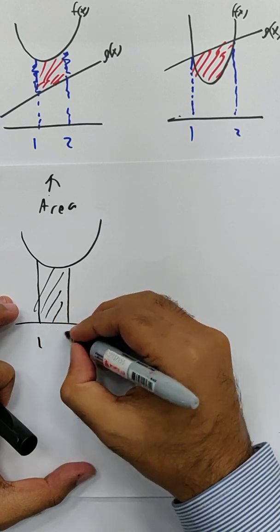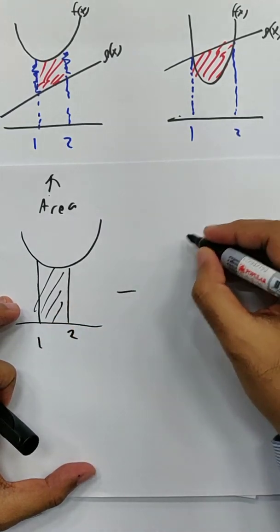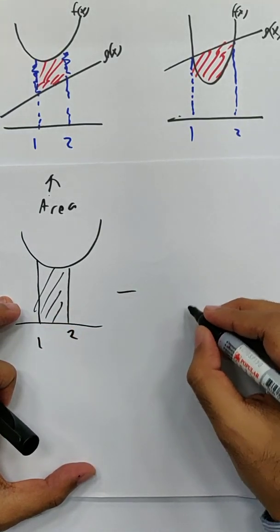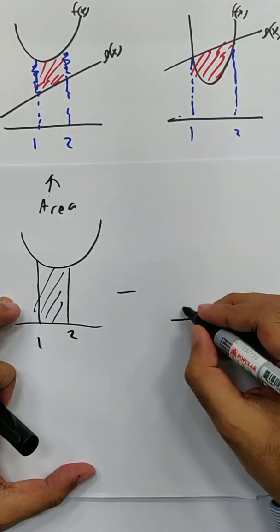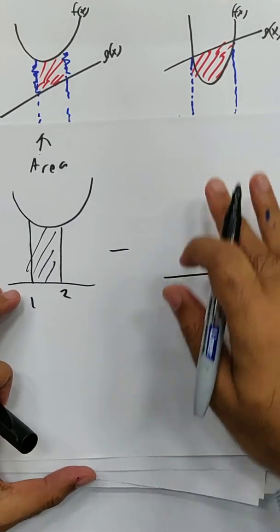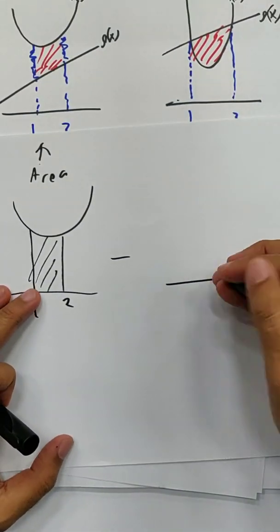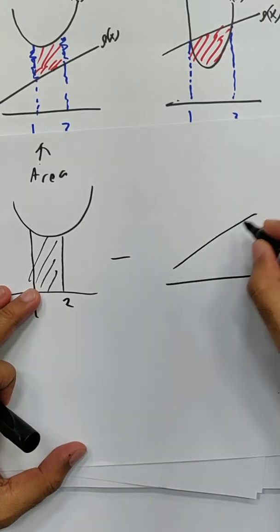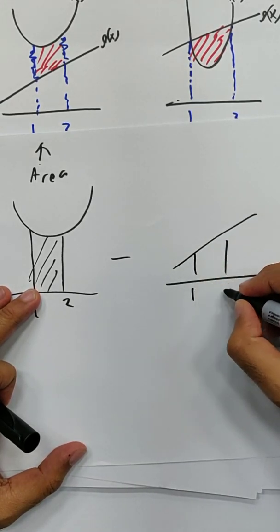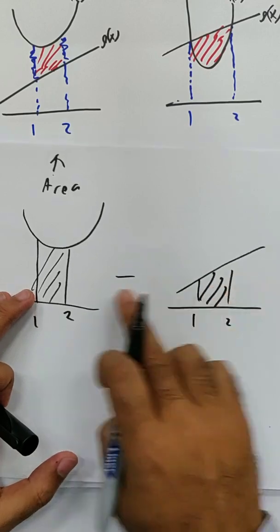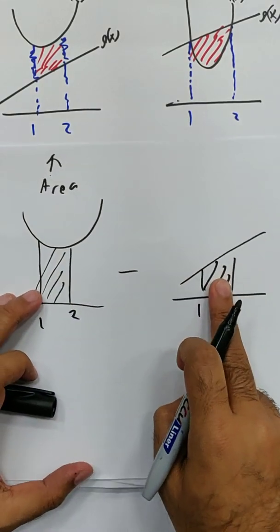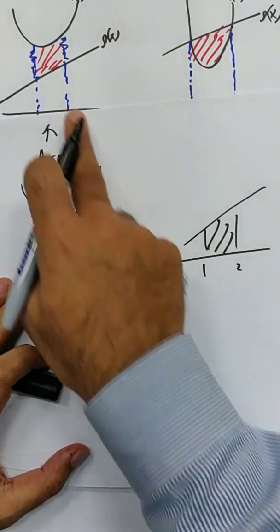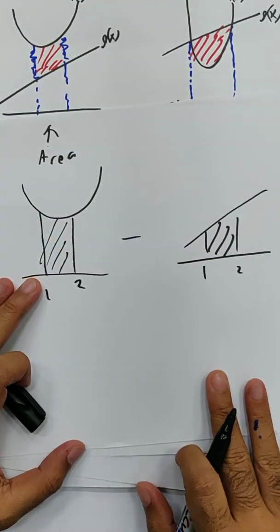This area between the 1 and 2 is minus between, because this minus this minus this, you only then get this area.